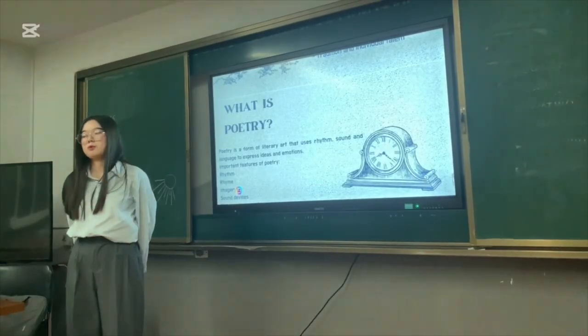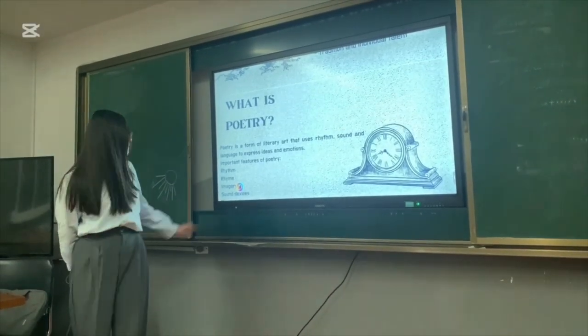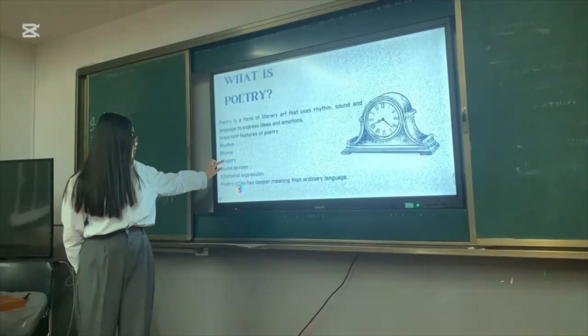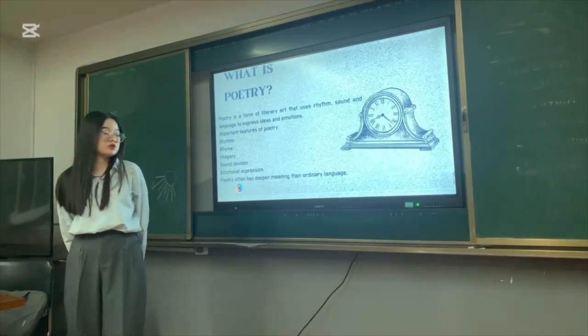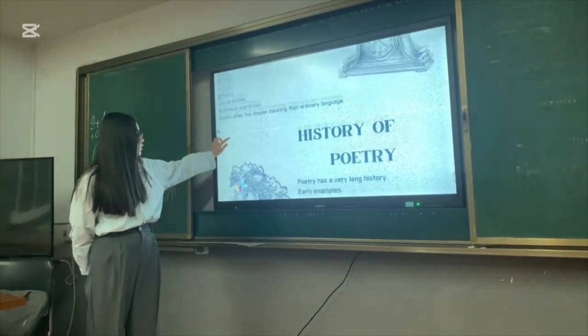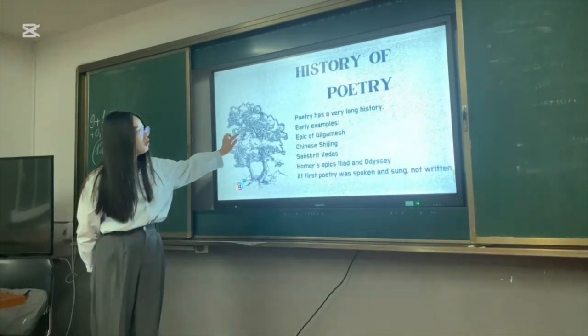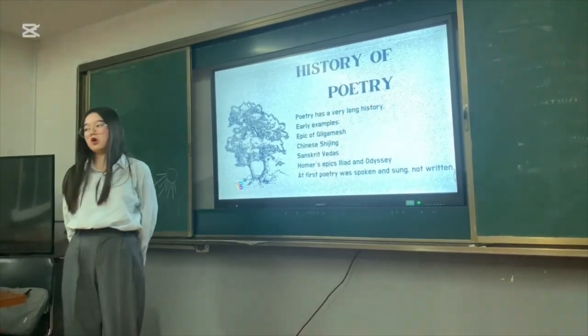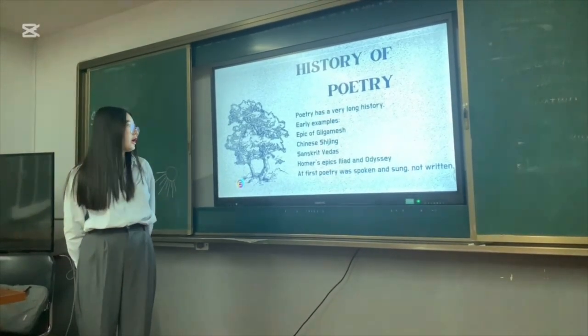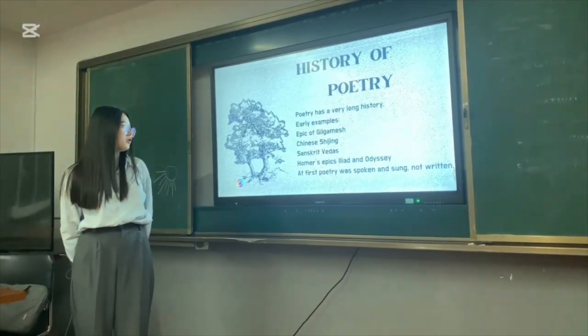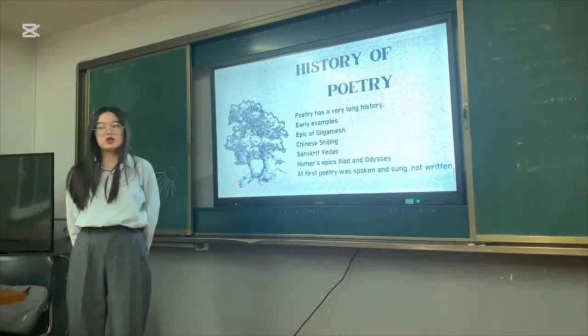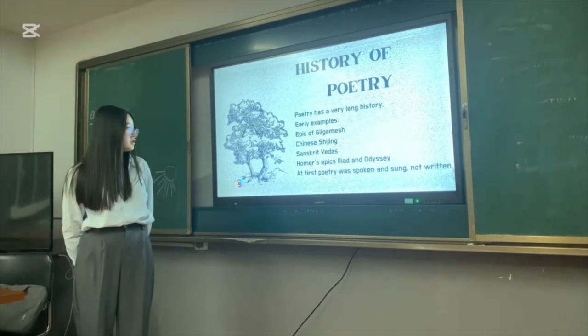Important features of poetry: rhythm, sounds, imagery, sound devices, and emotional expression. So next, history of poetry. Poetry has a very long history, and early examples are the Epic of Gilgamesh, China's Shijing, and the Sanskrit Vedas.